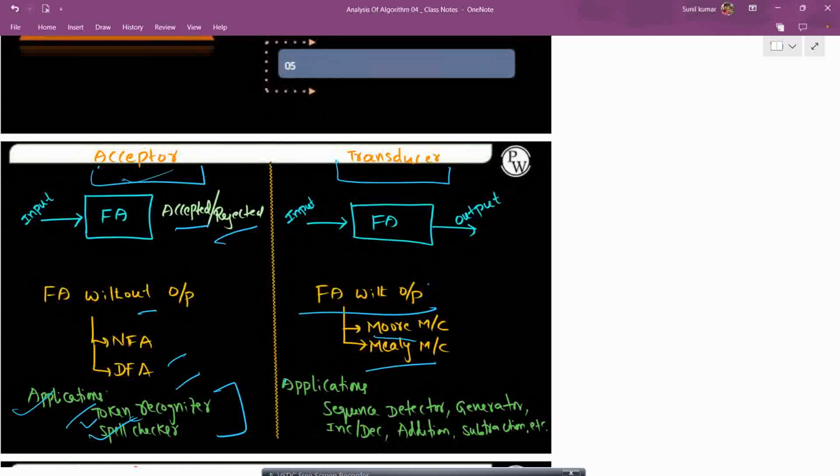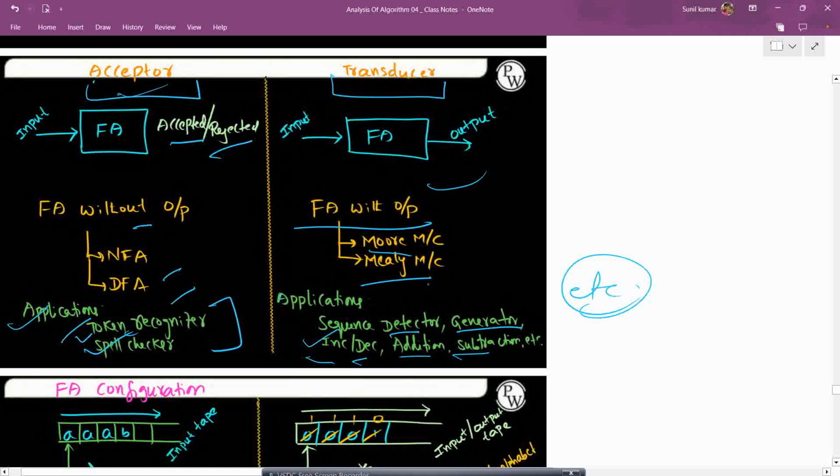Applications of transducers are sequence detector, sequence generator, increment, decrement, addition, subtraction, etc. We can do these with Moore machine and Mealy machine. So we will see how they can detect the sequences, and if output is 0 or output is 1, so yes or no, outputs will be generated.